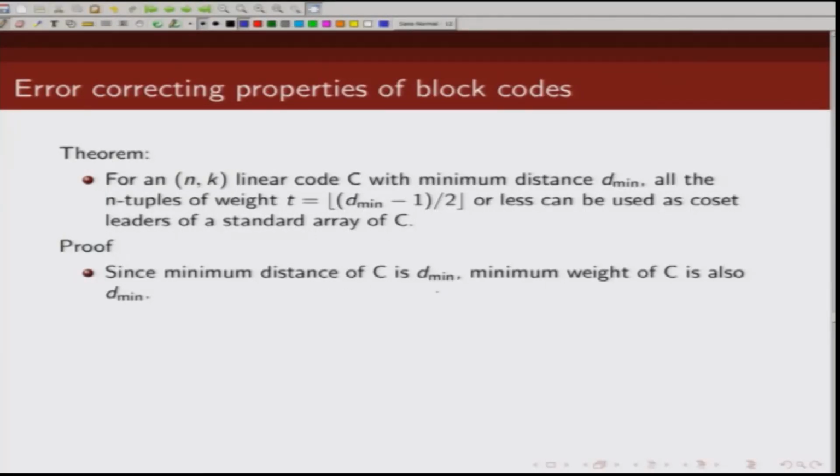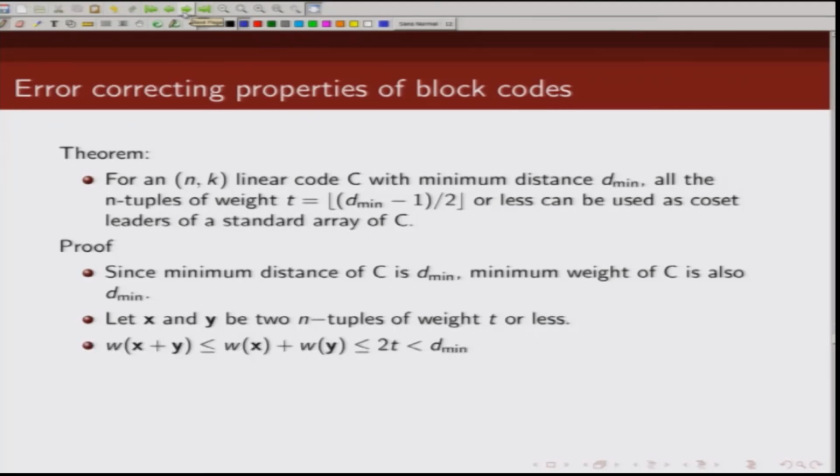The minimum distance of a code is d min, so the minimum weight of the code is also d min. Let x and y be two n tuples of weight t or less. Now, weight of x plus y will be less than or equal to weight of x plus weight of y. Why? Because there might be some overlapping ones at some locations of the n tuples x and y.